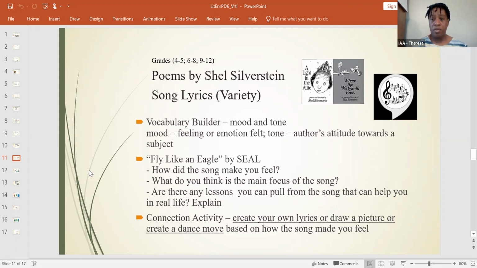Any thoughts or comments or ideas on this particular one? And again, any music that you use is fine. Just kind of have to be careful of the content of the music or the content of the poems. Again, like I said, this could go all the way down to 4th and 5th graders.